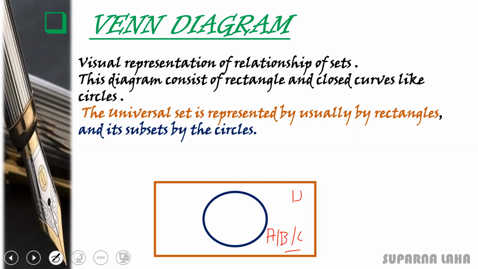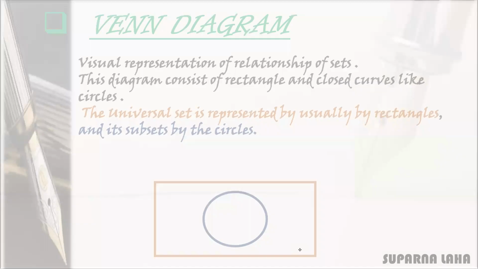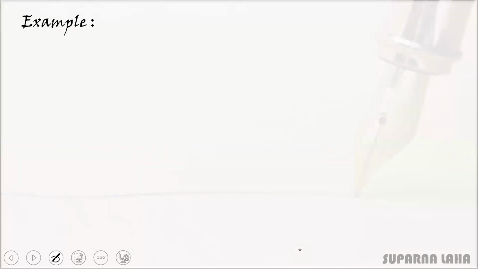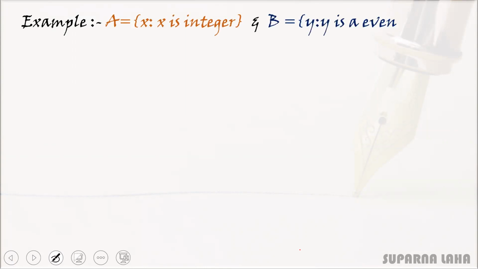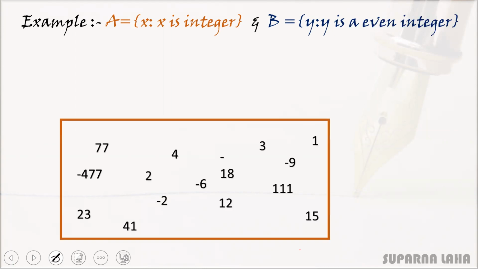So now, what is a universal set? If I take an example, like A is the set of integers and the set B is the set of even integers, and we want to represent this through a Venn diagram, then this is the set of integers. All the members I have written here.